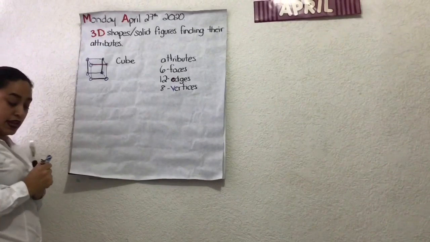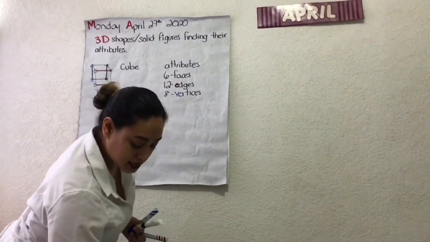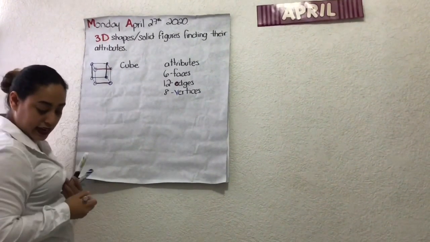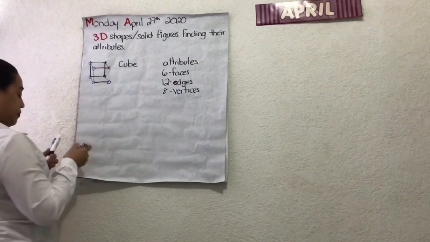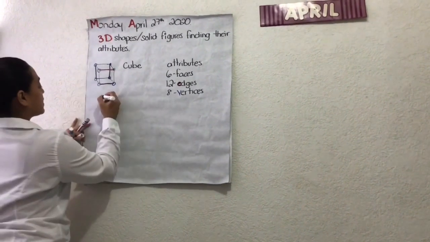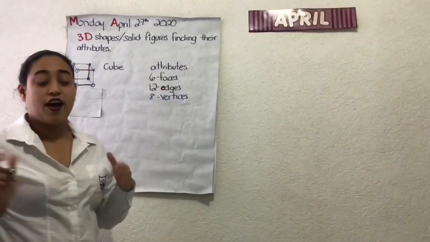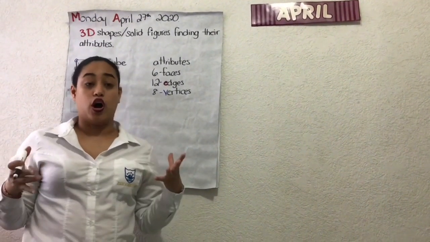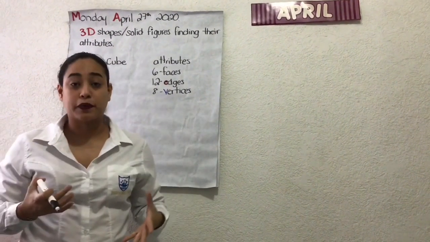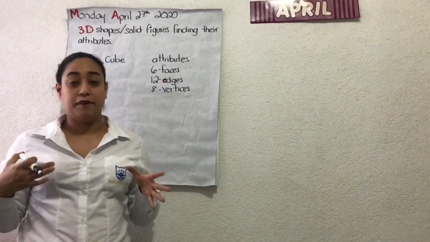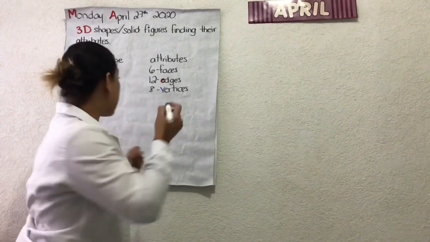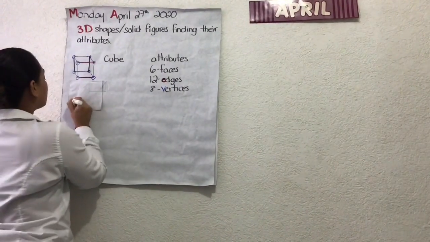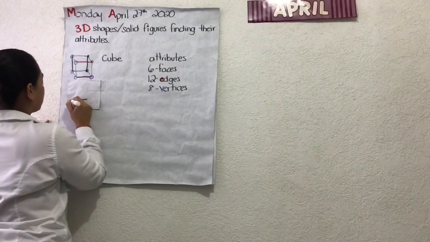Okay. Now let's draw the rectangular prism or the cuboid. All right, so let's do a rectangular prism. All right, guys, now we're going to draw a rectangular prism or a cuboid, okay? So we're going to do this very, very carefully because we do not want to make any mistakes.